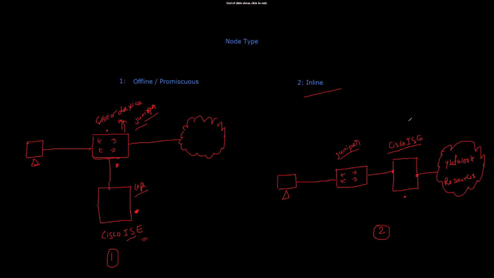Sir, in the inline, the ISE is used as a gateway, so all the traffic goes through the ISE, yes, sir? Yes, right. If you deploy it as layer 3, it can do the routing. If you deploy it as layer 2, it is just passing the traffic based on the decision, like a firewall, just bridging.